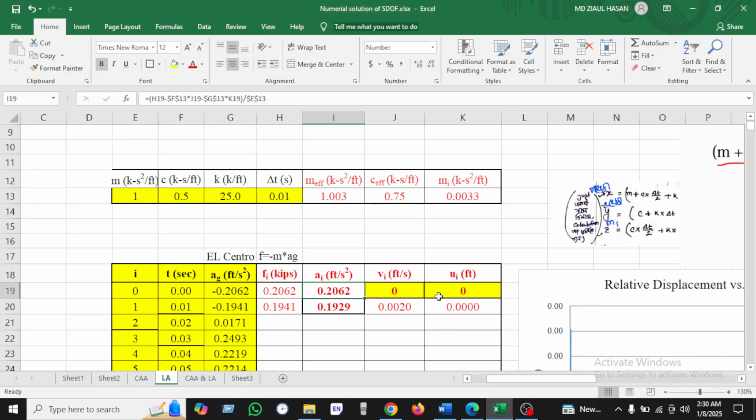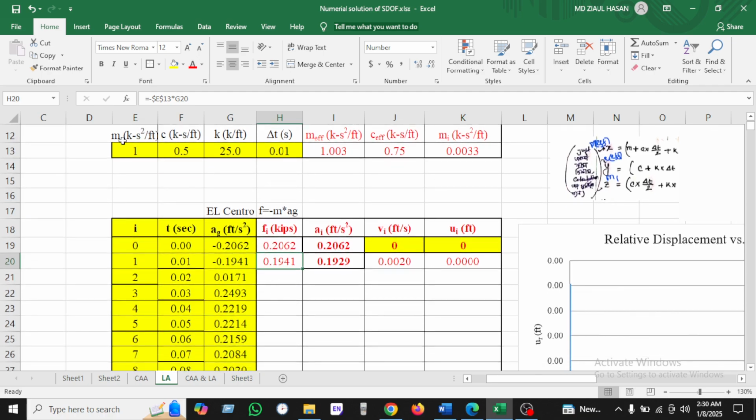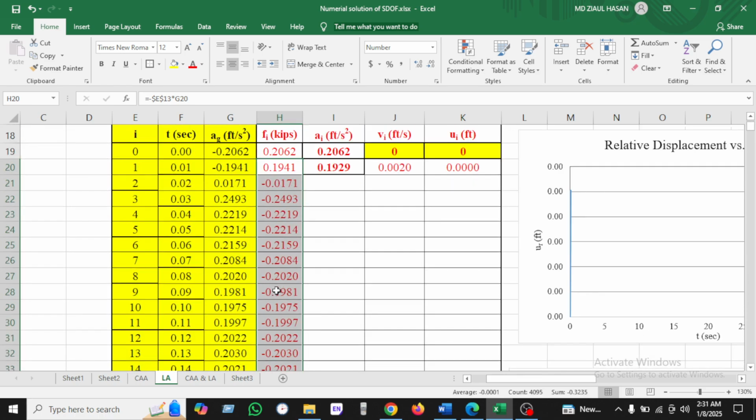So in this way we are calculating a and a1, and the initial velocity is 0 and displacement also 0. Now we are calculating m2 again. How will we calculate? We know f equal to ma, minus ma, so m into a, this cell and this cell, and we are calculating here, and clicking, all the data is found like this way.